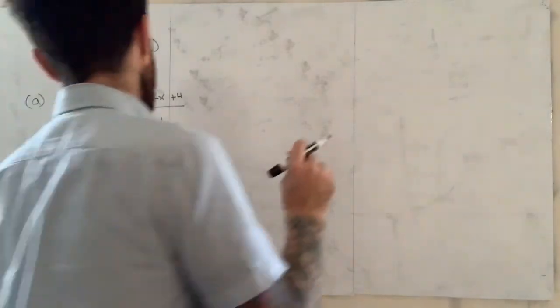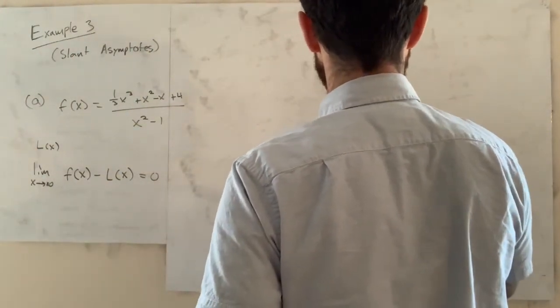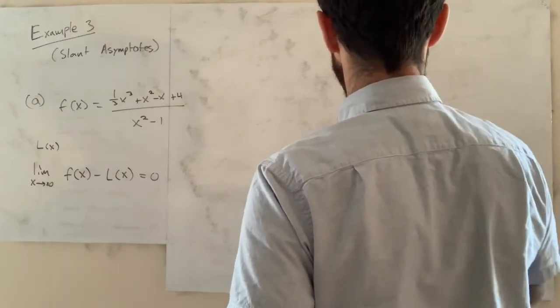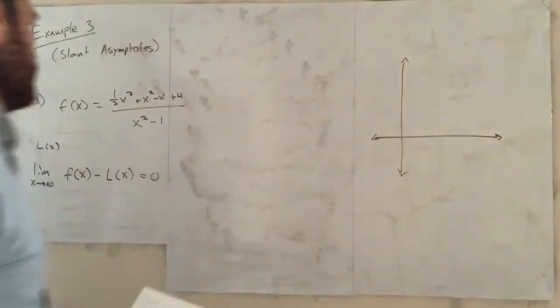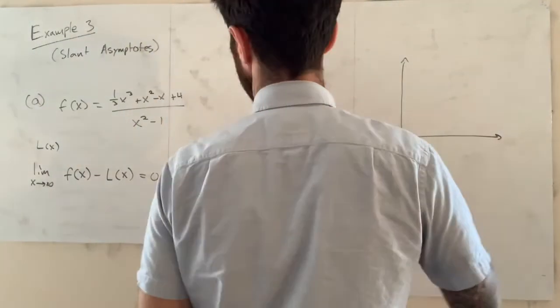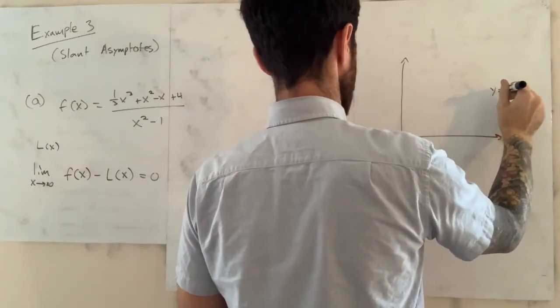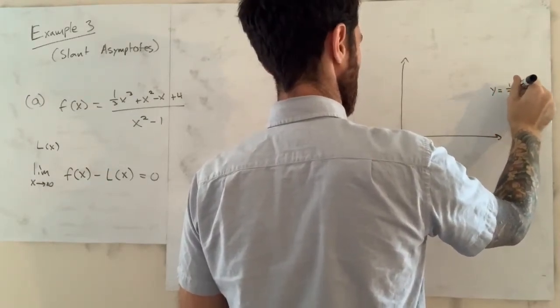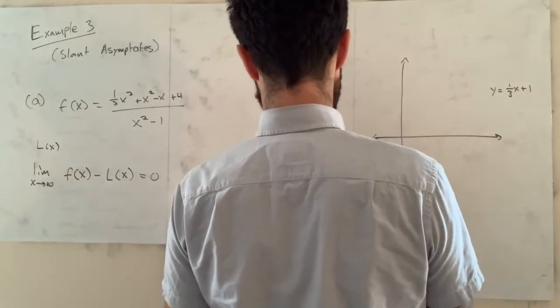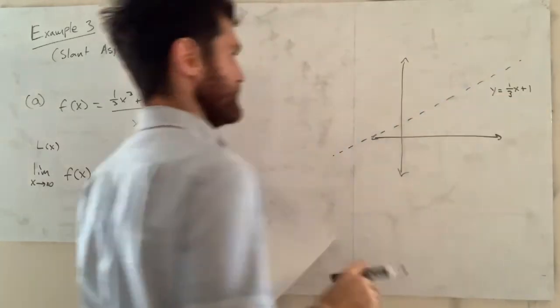And what we're going to find in this case is that we're going to get a slant asymptote at the line y equals 1/3 x plus 1.